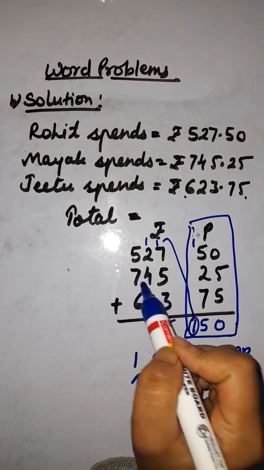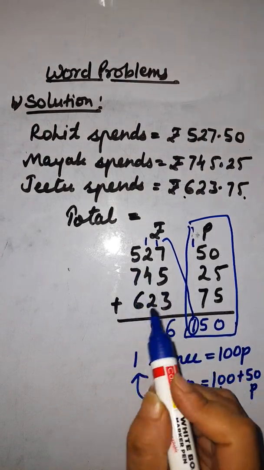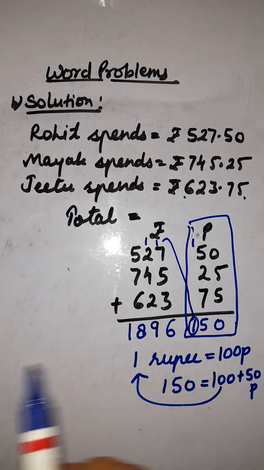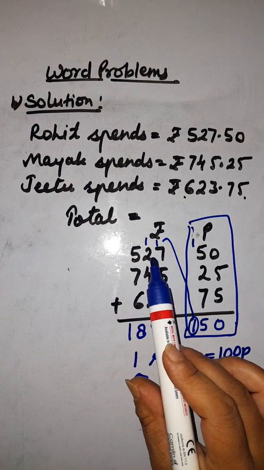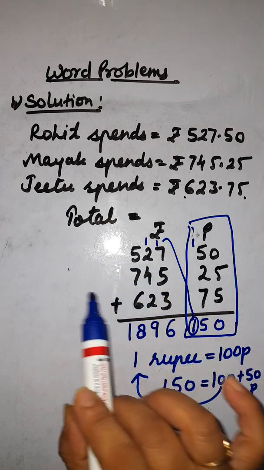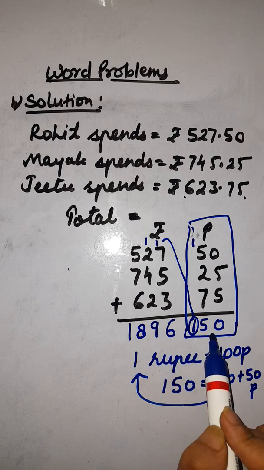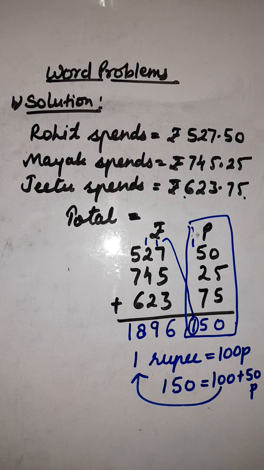And here 7 plus 5 is 12, 12 plus 6 is 18. So the total spent by the 3 boys is 1896 rupees and 50 paise.